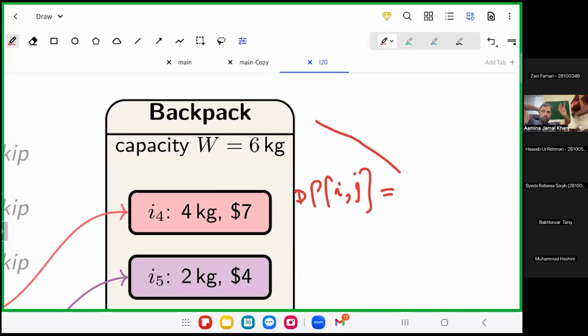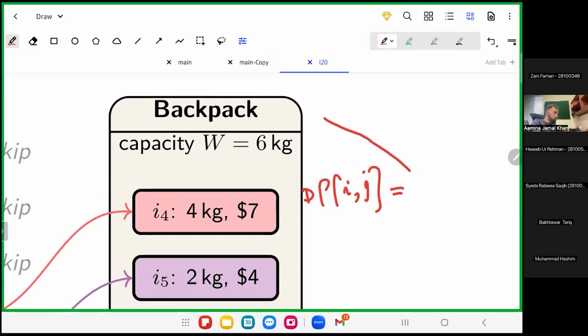Because we have already presumably solved this problem for I minus 1 and anything smaller than J. So at this point you have to make a decision about the item I. Do you want to keep item I or not? There are two choices that you have, and you will have to pick the minimum of them. So it's going to be minimum of potentially a couple of things.